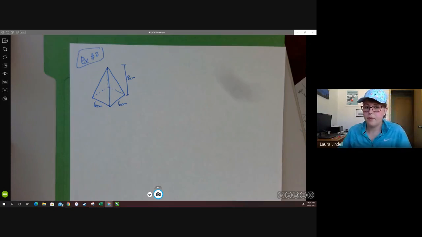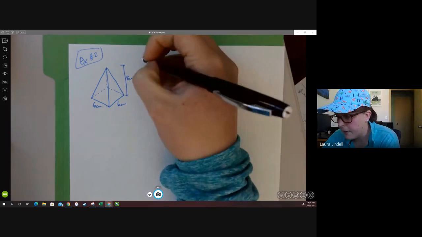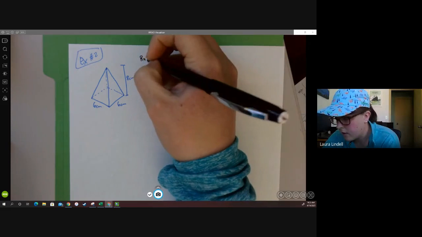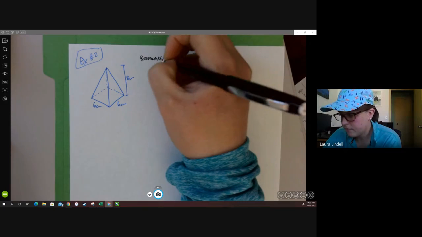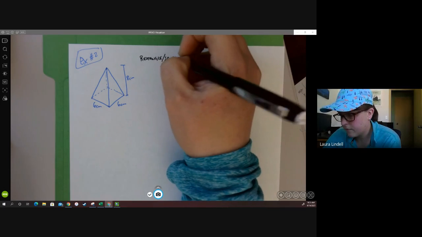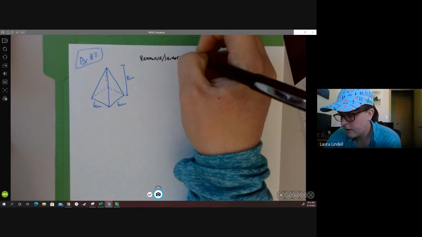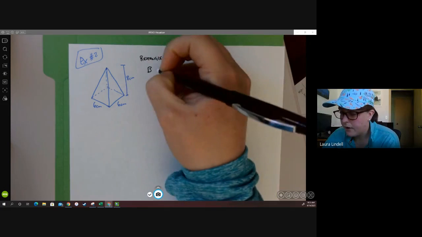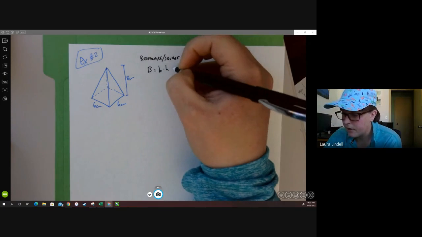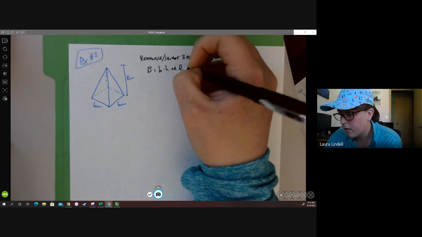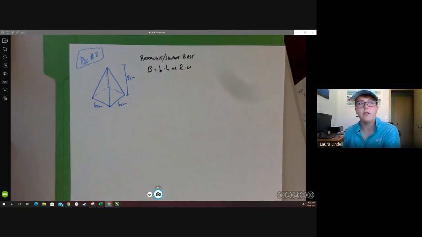So this time, this pyramid has a rectangle base or a square base. So that means the area of the base is going to be base times height or length times width. Whichever way you want to think of it is fine.